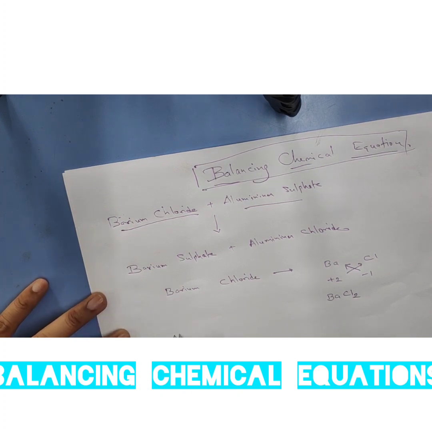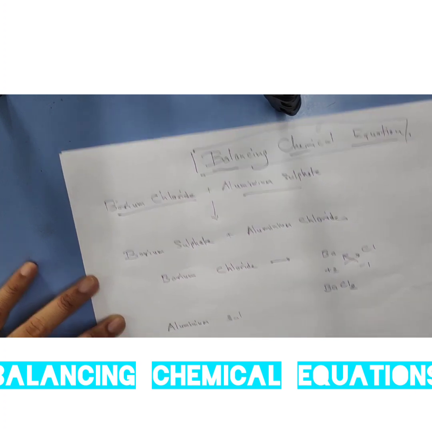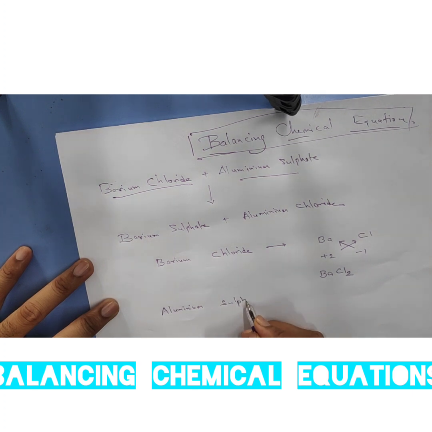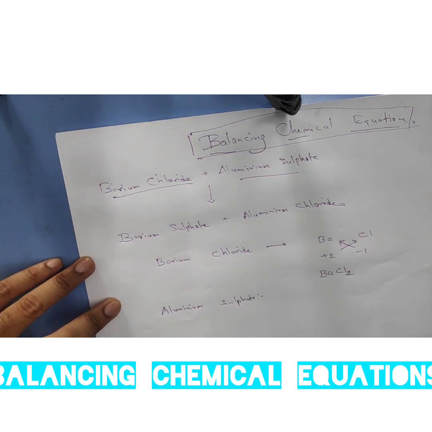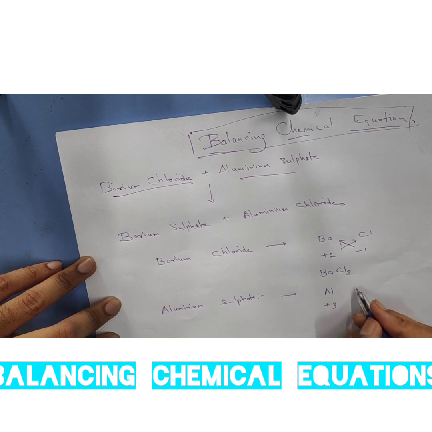What is the other one? The other one is aluminium sulfate. As you have seen in the document that I have sent you on WhatsApp, where I have given you certain elements, ions, cations, anions, all that, aluminium has a valency of +3.